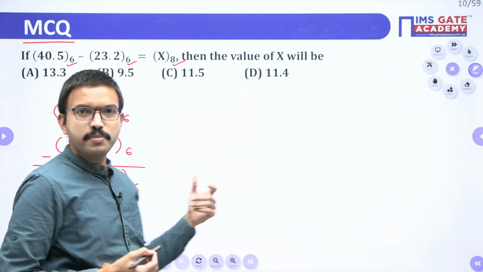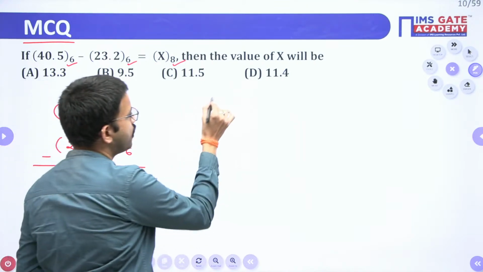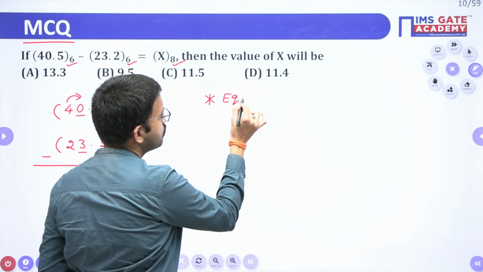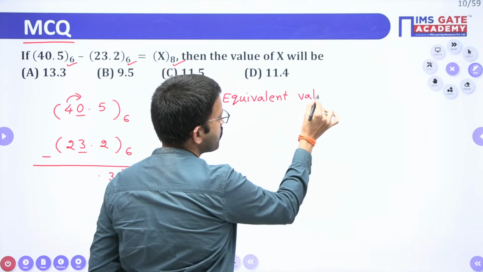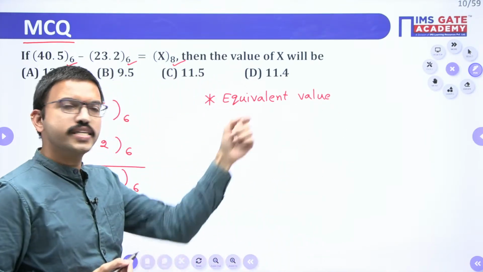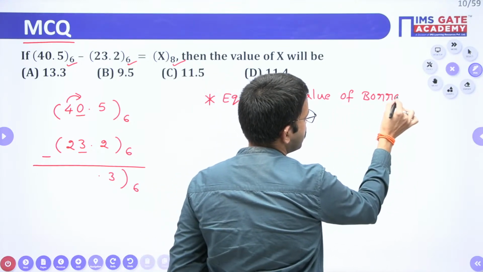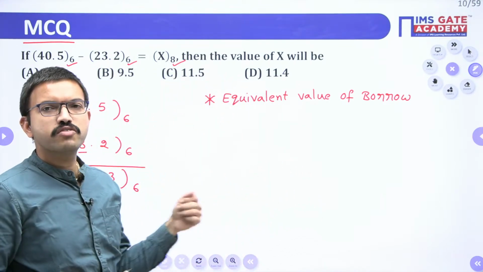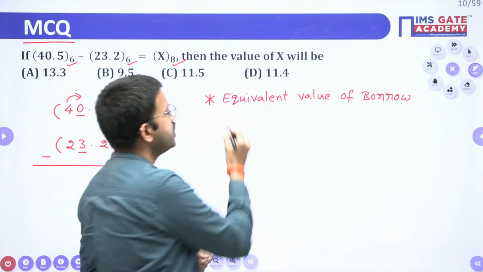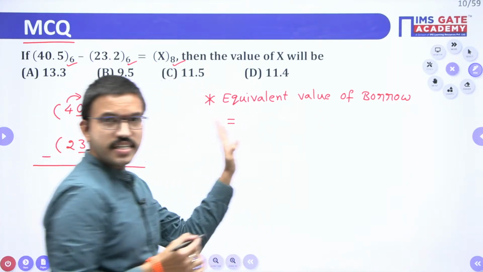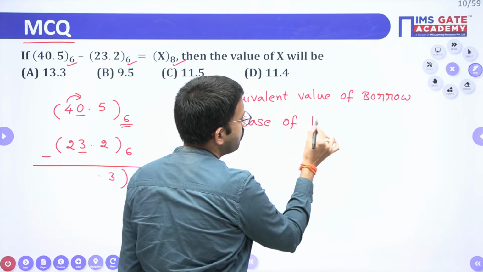Just like in the decimal number system, whenever you take a borrow, the equivalent value of the borrow will be 10, because the base of the number system is 10. But here the base of the number system is 6. So the equivalent value of the borrow, for the generalized case, is nothing but the base of the number system. This is very, very important. Base of the number system.